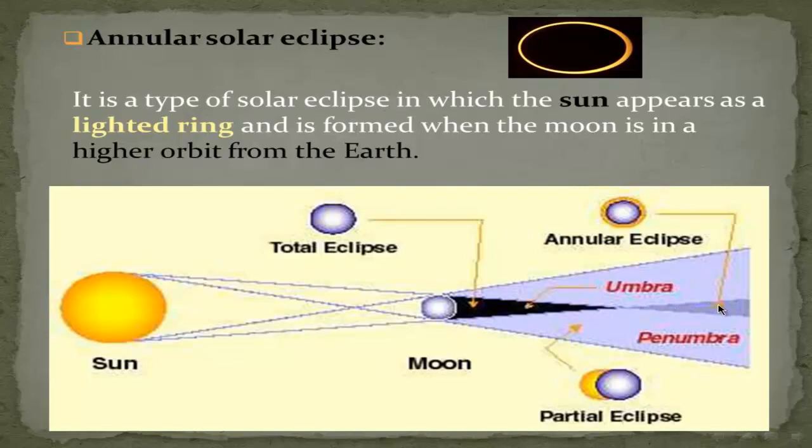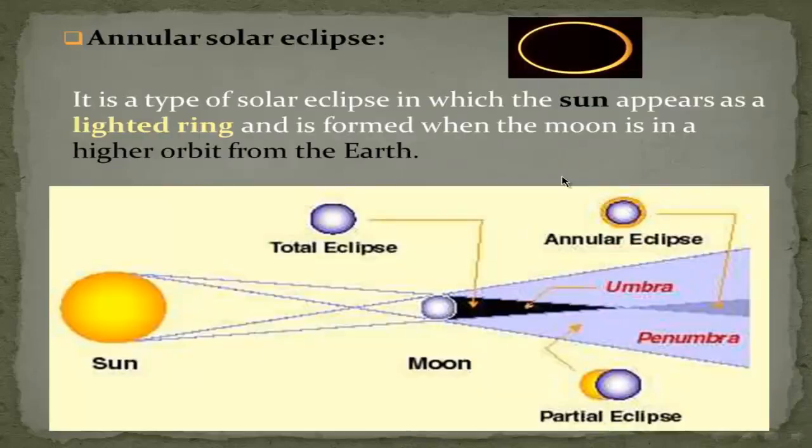This extension is called the antumbra shadow. When the moon is in a very long distance from Earth, it forms a third type of shadow called antumbra. In this area, the third type of solar eclipse occurs, called annular eclipse.